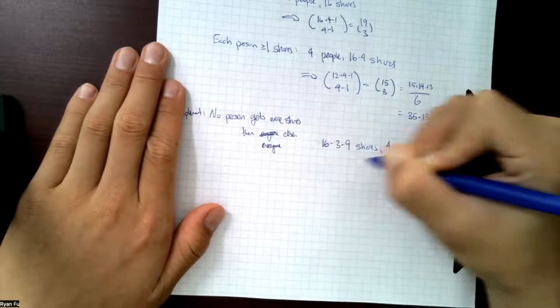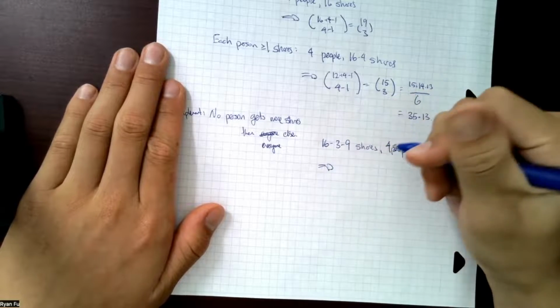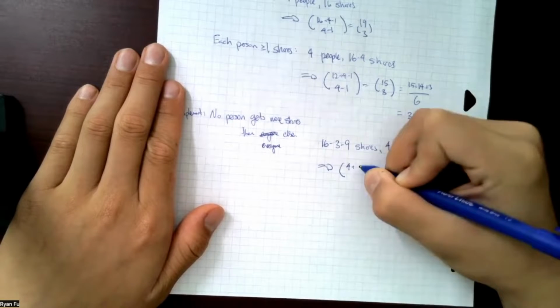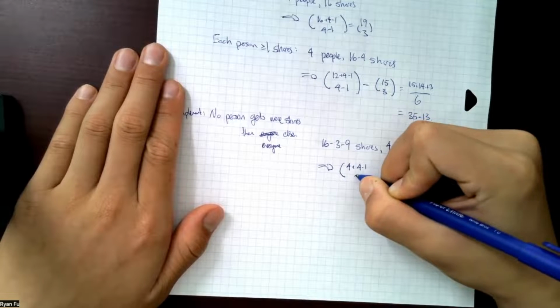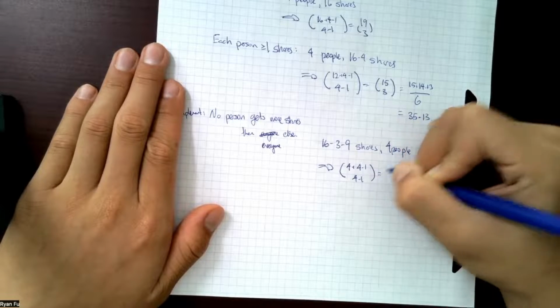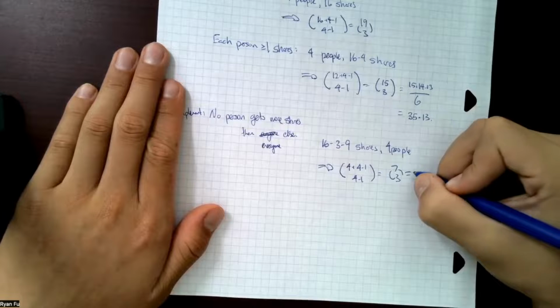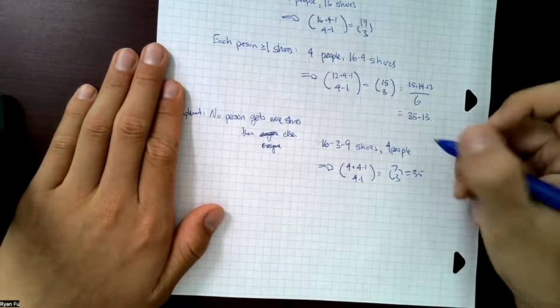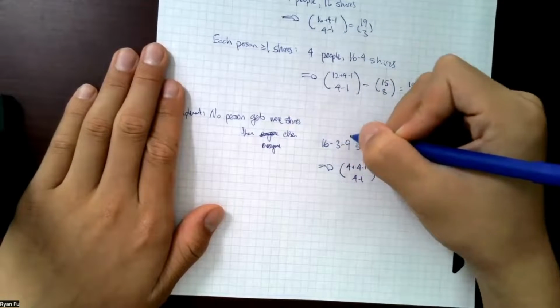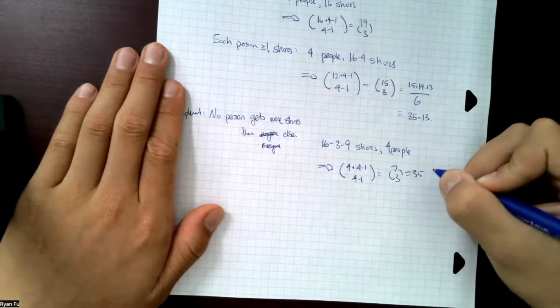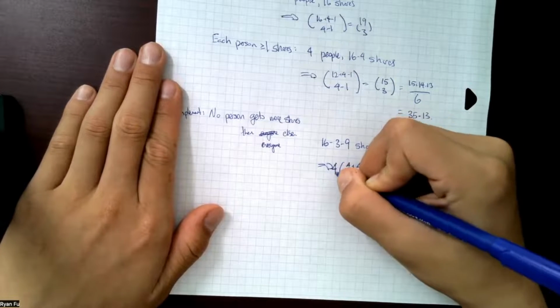So then that's going to be 4 plus 4 minus 1, choose 4 minus 1, equals 7 choose 3, equals 35. But then we see that there's 4 ways to choose which 3 people get 1 share and which person gets 9 shares. So we're going to have to multiply this by 4.